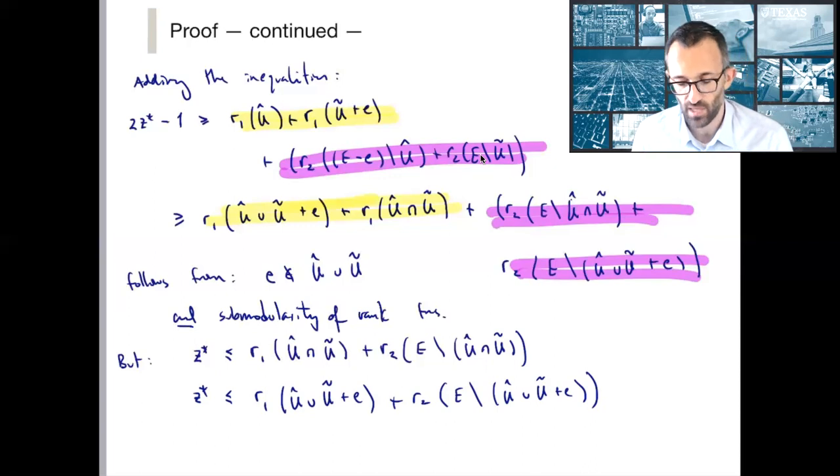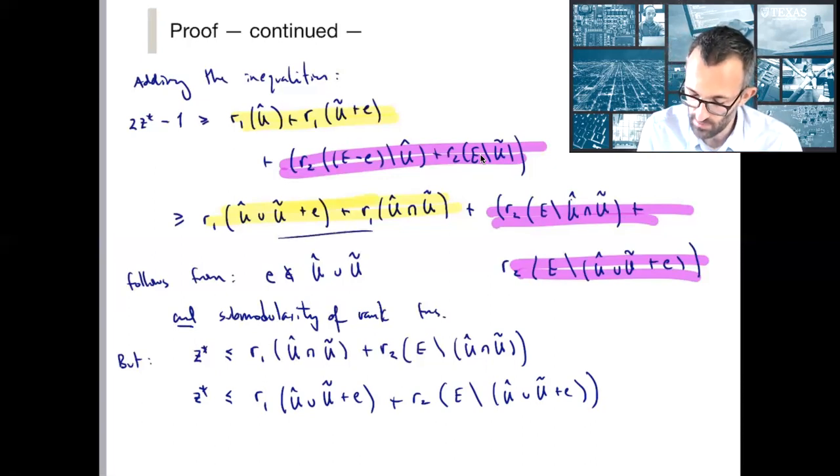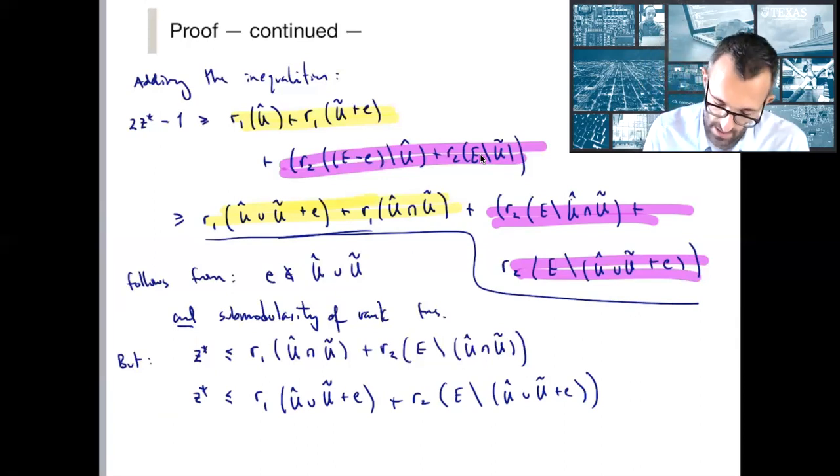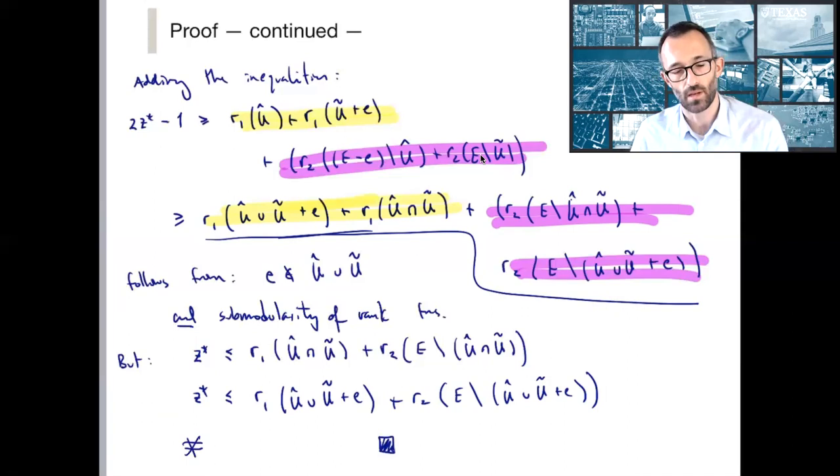If we sum this, we find that 2z star is less than or equal to all of these four terms here on the right. So z star is less than those four terms on the right, but the inequality at the top of the page tells us that 2z star is greater than those four terms plus 1. So obviously that is a contradiction.